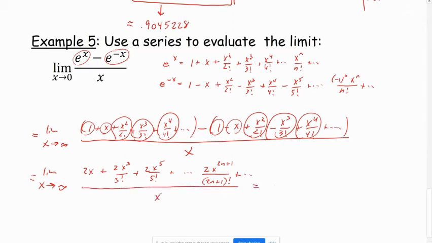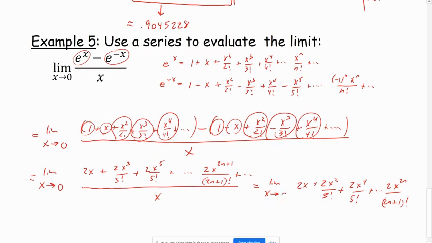And so if we divide all those terms by x, that becomes 2 plus 2x squared over 3 factorial plus 2x to the 4th over 5 factorial, and so on. That's 2x to the 2n over 2n plus 1 factorial. Sorry, x is not approaching infinity, x is approaching 0 for all of these.